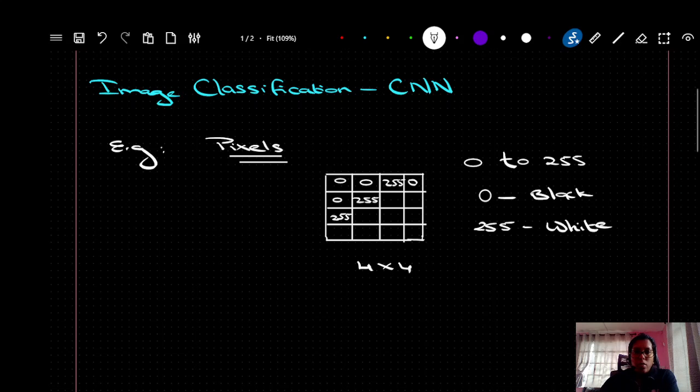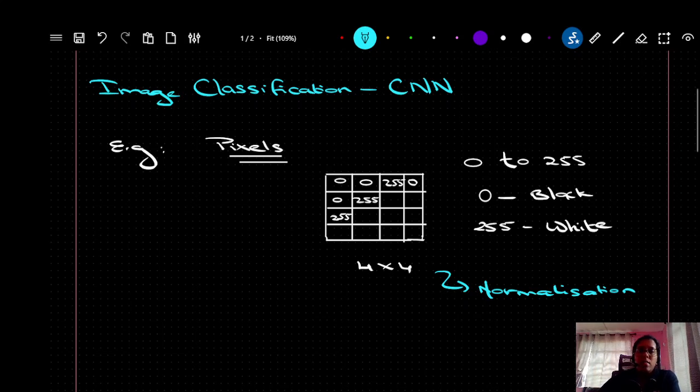So when we do normalization on this, what happens is that the values from 0 to 255 are converted into zeros and ones.